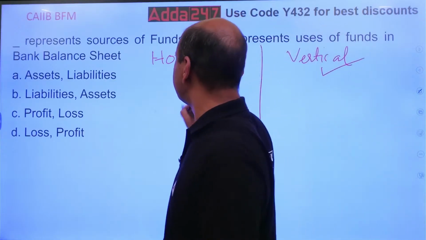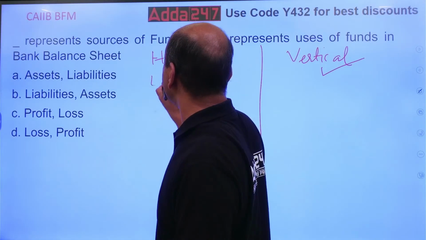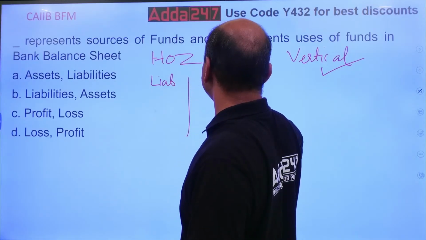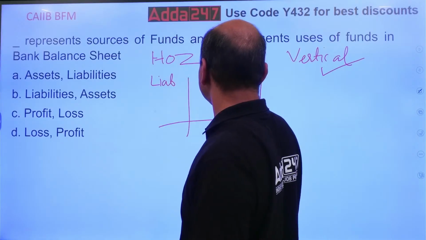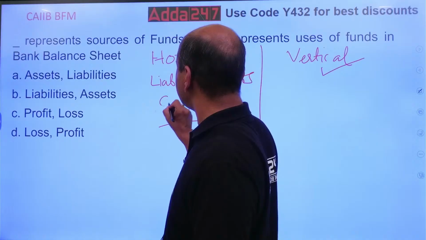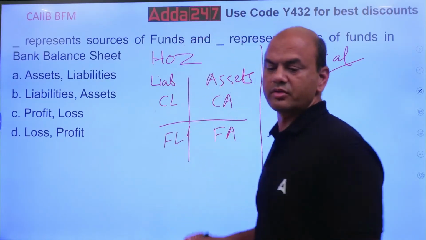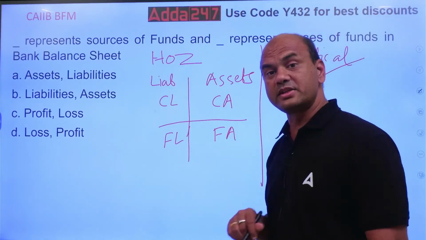Horizontal balance sheet means you have two parts. One is liabilities over here, and second is assets, right? Then you have again two parts, current assets, fixed assets, and current liability, fixed liability. These are the four types of sections in a horizontal balance sheet.